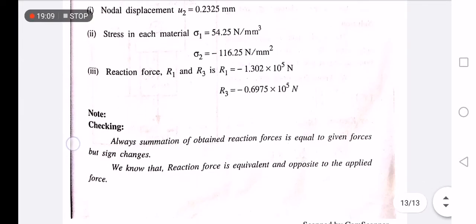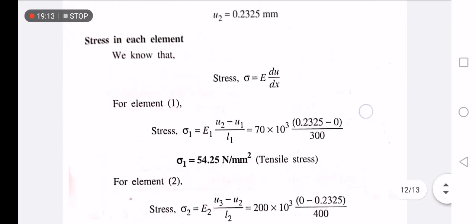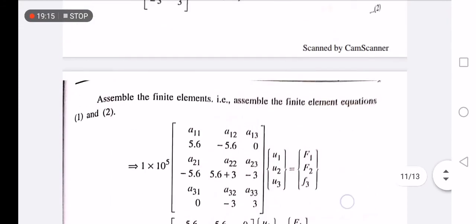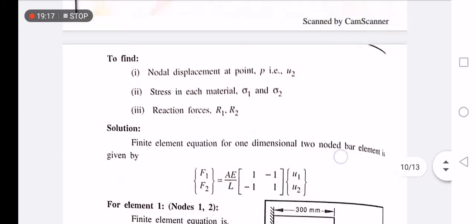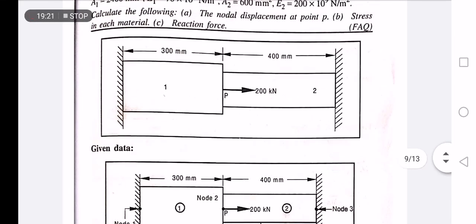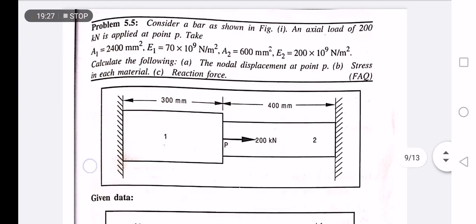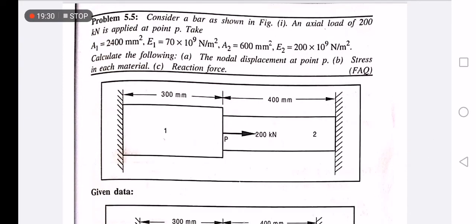This is how we should do a problem relating to a one-dimensional bar element. This is an example of a one-dimensional, three-noded bar element. Similarly, you should prepare to do the problems.